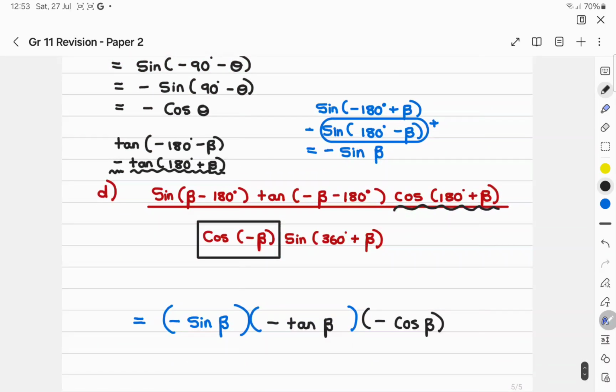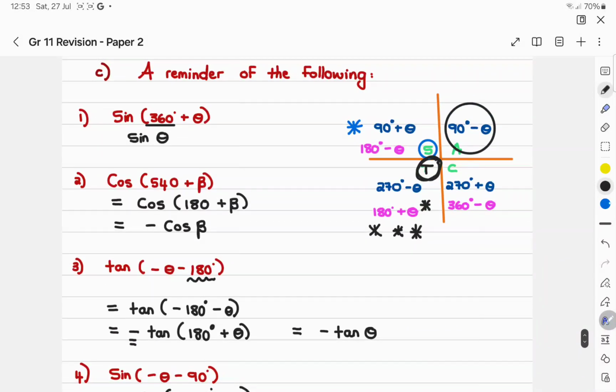Okay, now that brings me to the sneaky little bugger. What can you remember about cos of negative beta? So please remember, when you go into the positive, you work anti-clockwise. So that's going into the plus. When you go into the negative, you go clockwise.